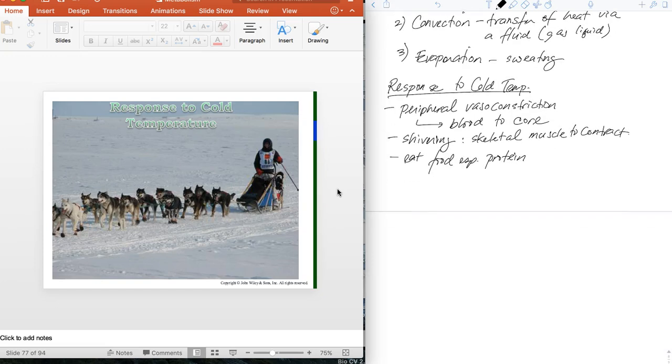And then what would you do to your surface area? Surface area, you're going to want to decrease that, right? Curl up, decrease surface area. And that will basically decrease heat loss.